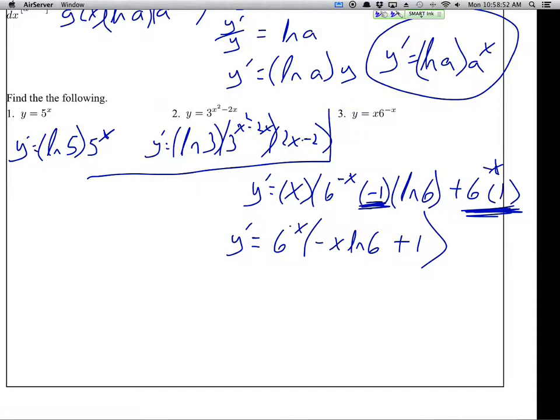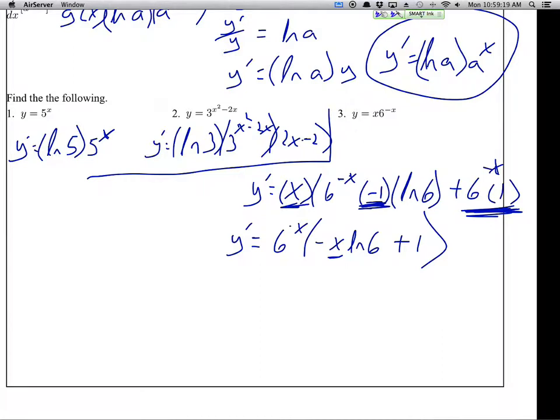You take the derivative of the exponent; the derivative of negative x is negative 1. You've got to do three things when you're taking the derivative of an exponential: rewrite it, take the derivative of the exponent, and take the natural log of the base. So those three things are what's going on there in the middle. Oh, you're talking about where this x came from? Yeah, it came from there.